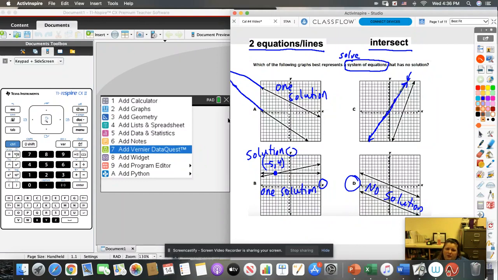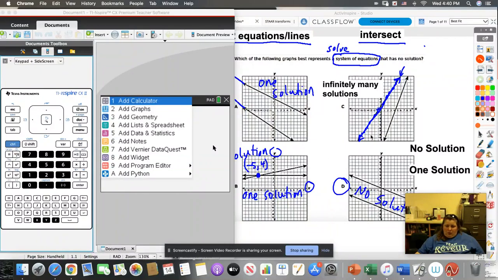Every single point is a solution. And then you ask how many points could be on a line. Well, that's infinitely many solutions. So all of those points on the line, there are infinitely many points. So that's infinitely many solutions. It's called infinitely many solutions.